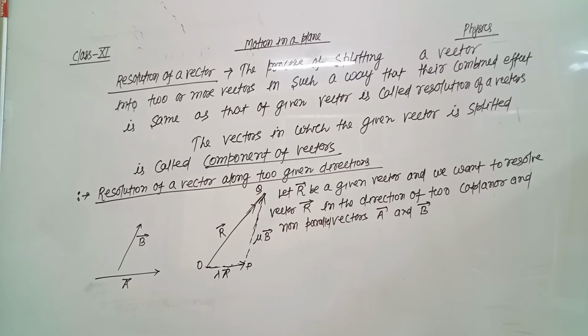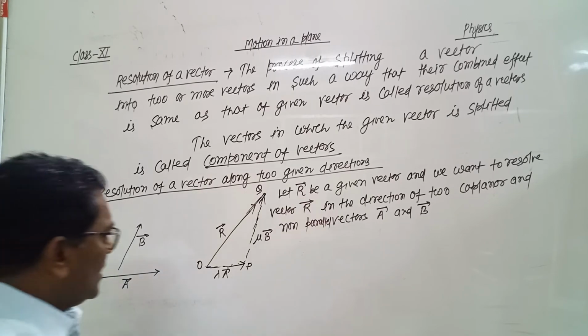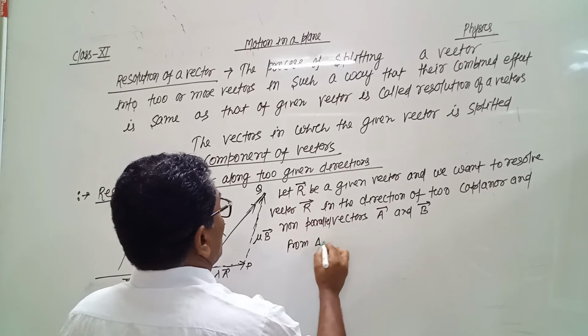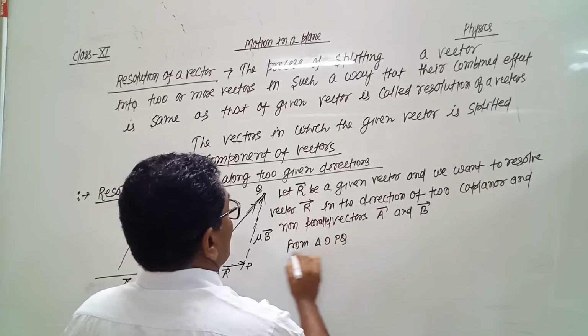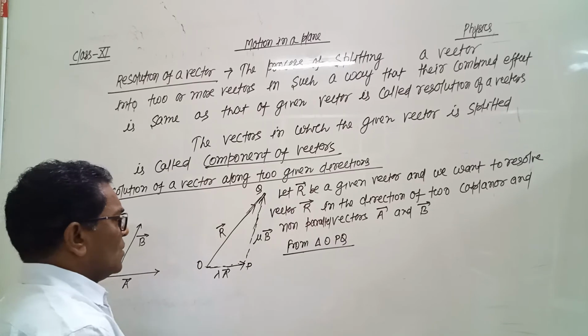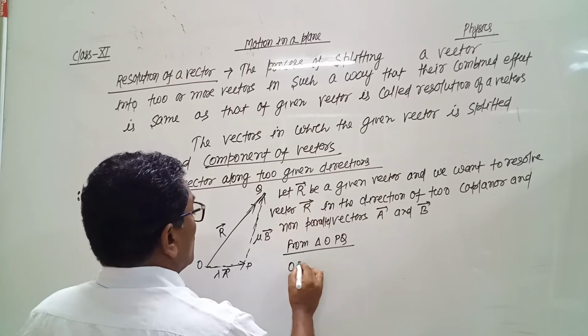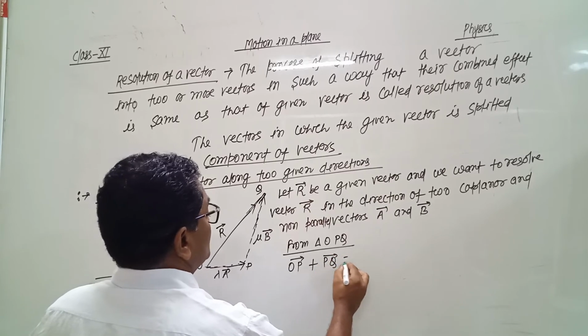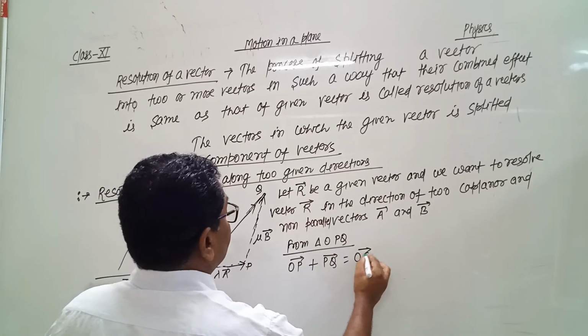From triangle OPQ, by the triangle law, we know that vector OP plus vector PQ equals vector OQ.